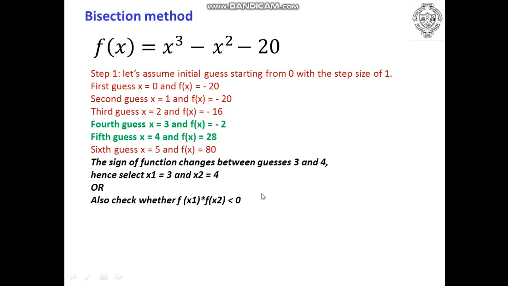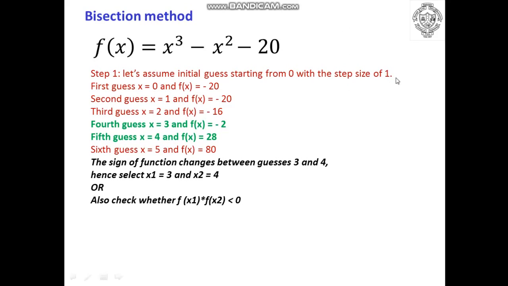Now one important note you have to understand is that here I have considered the step size as 1 while guessing the various values of x. You can consider it to be 0.5 also, no problem, or even 2, then also fine. But if you consider the step size as the lowest, then you will get more accuracy in minimum steps.